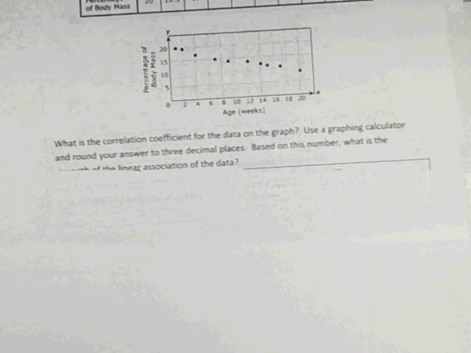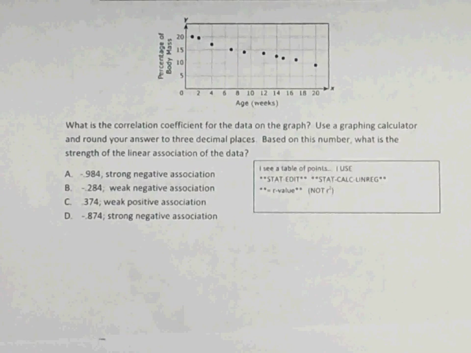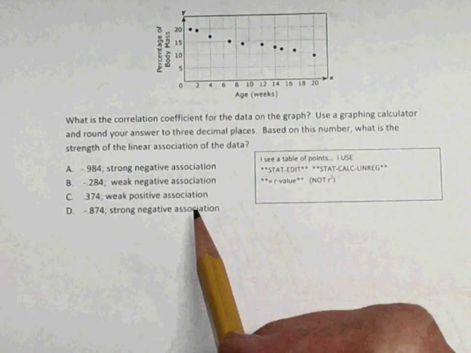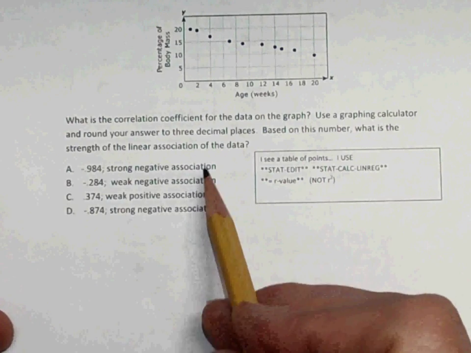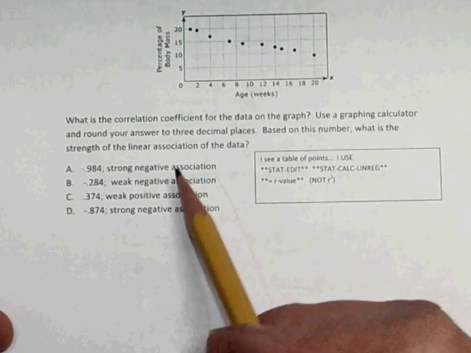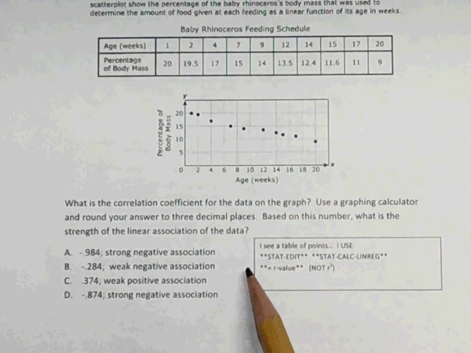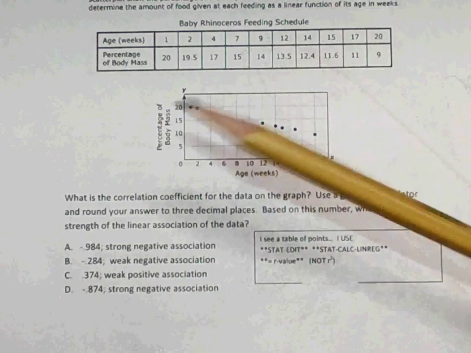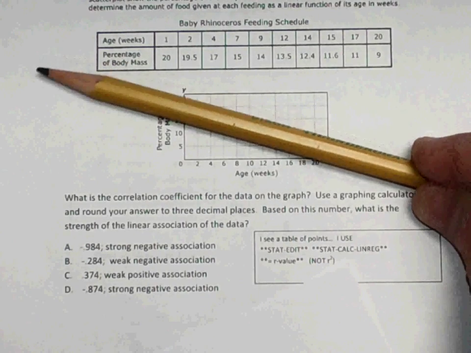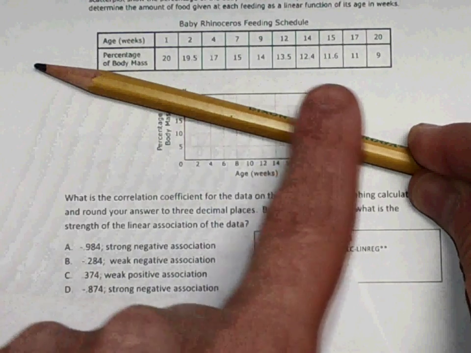All right, the last one right here is dealing with another topic we really haven't spent a lot of time on, association. Okay, we're going to let our calculator do that. So what we're going to do is a regression, because anytime we see a table, we're going to do a regression. Sometimes we can look at the picture and ask ourselves, hey, if I were to draw a line through these points like this, is this a positive or negative slope?